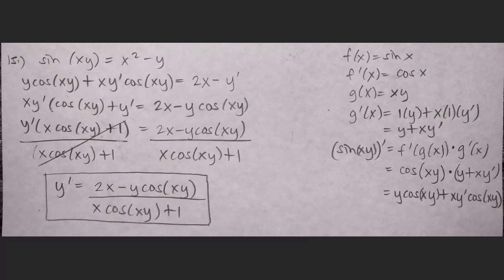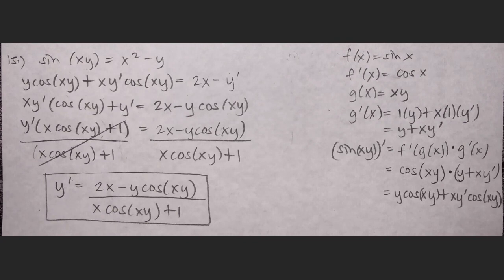From this point, I distributed cosine xy and got y cosine xy plus xy prime cosine xy. That's the derivative of sine xy. For the right side, x squared minus y, I found the derivative to be 2x minus 1 times y prime.